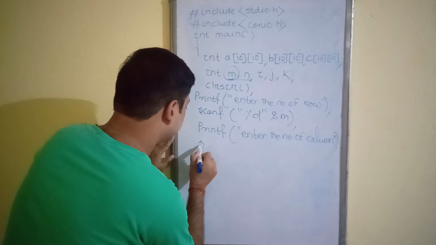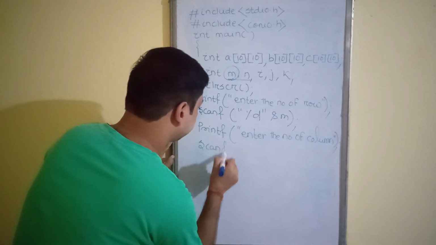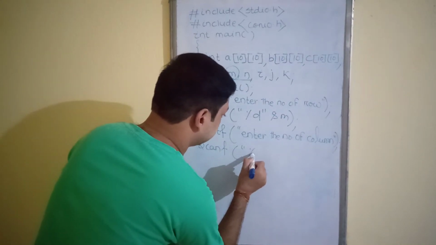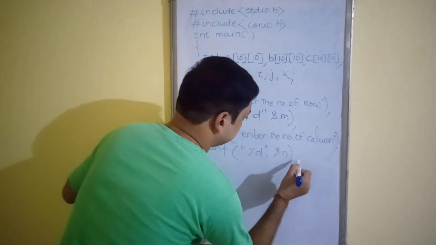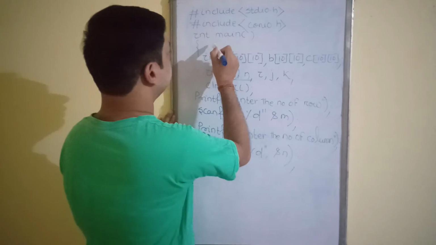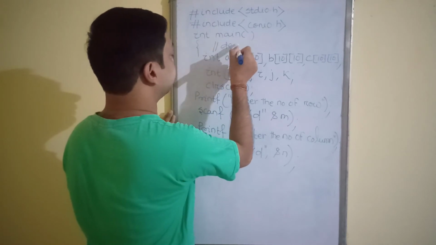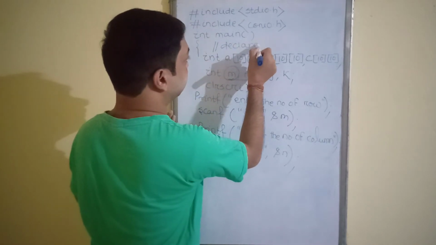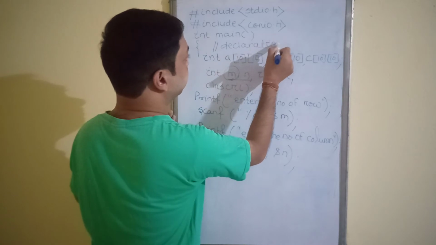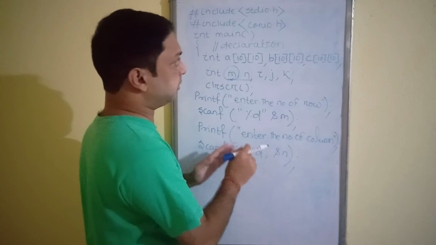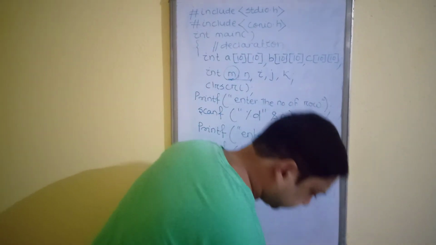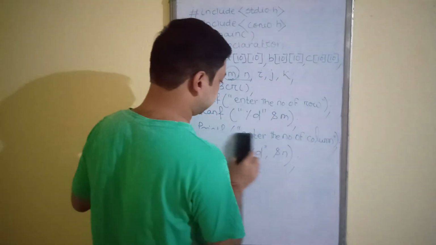So that can be your scanf, %d, we can read here &n. So this is nothing but the declaration part. I am giving here the comment line as declaration. So that is the first step. I have simply declared the matrices, then I have simply input the rows and columns through the keyboard. So now let us move to the second step.